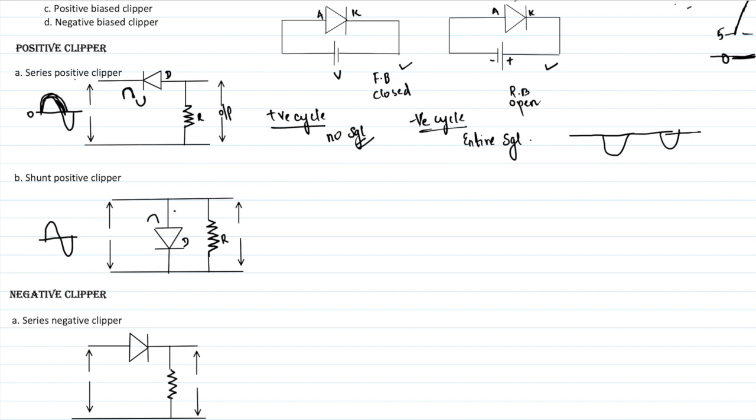All the current is flowing through the diode and not through the resistor, so for positive cycle, no output. For negative cycle, let's see what happens. When negative is given to anode, the diode is reverse bias and it is now open. When this is in open condition, no current will flow across this, the entire current.